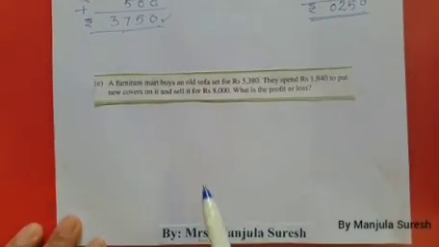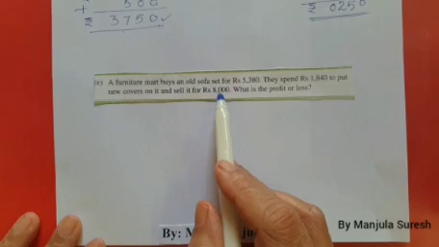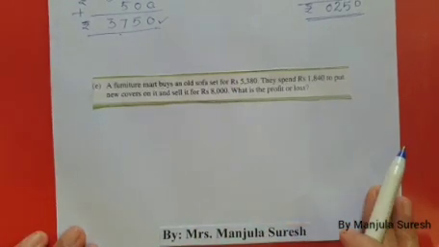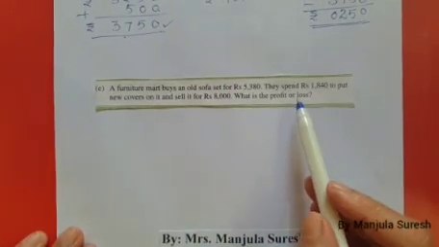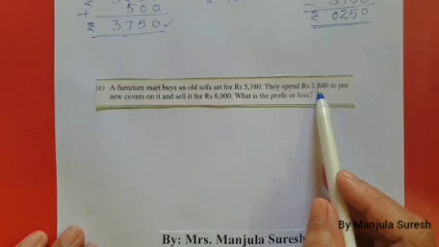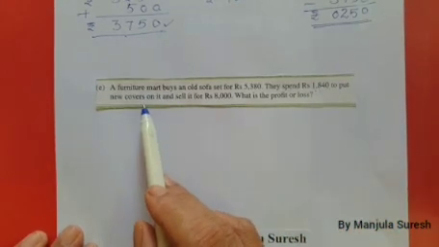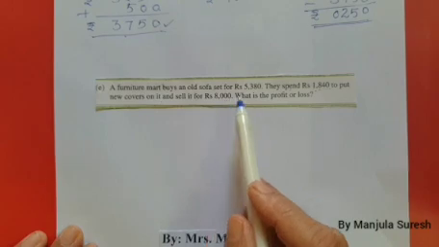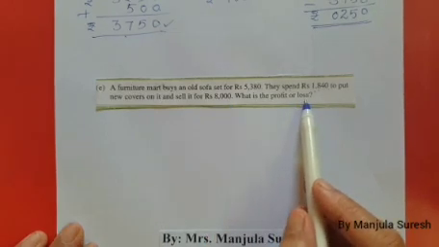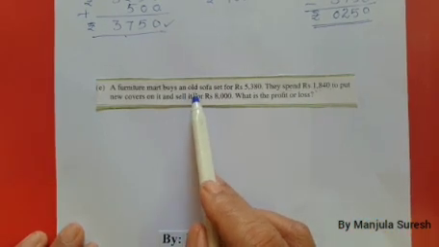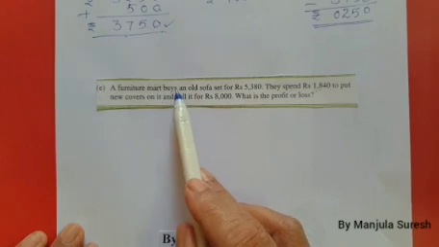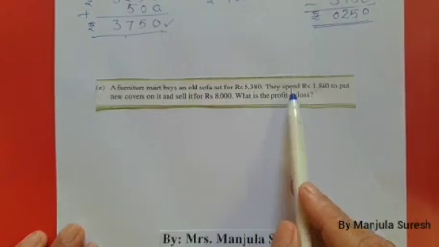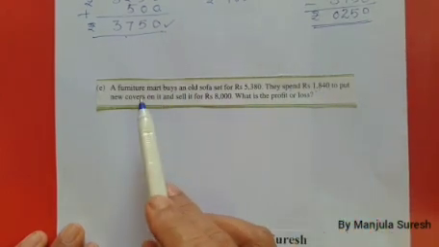A furniture mart buys an old sofa set for rupees 5,380. They spent rupees 1,840 to put new covers on it and sell it for rupees 8,000. What is the profit or loss? Here also is buying an old sofa. Buying means CP, and they are spending this much rupees to put new covers.